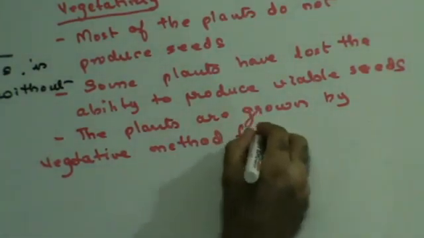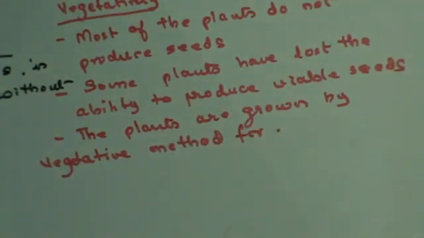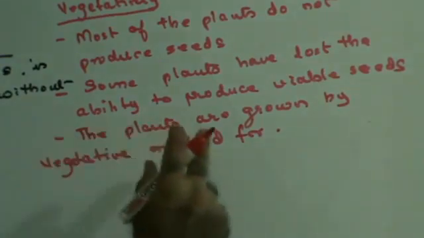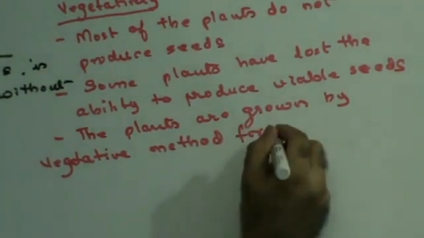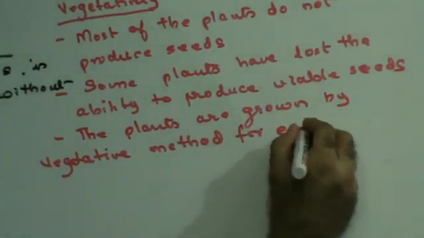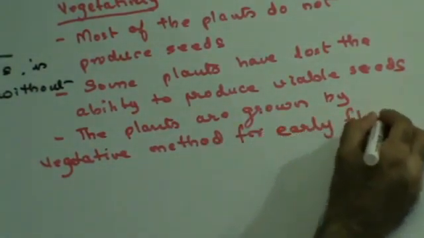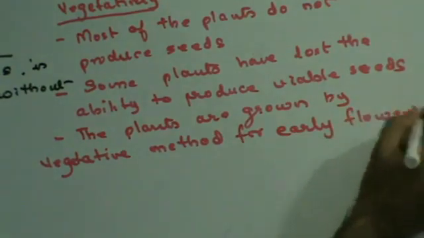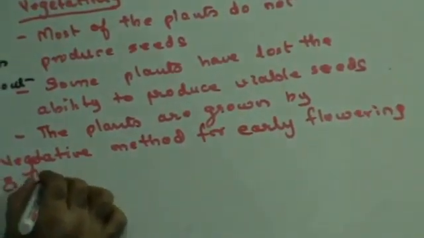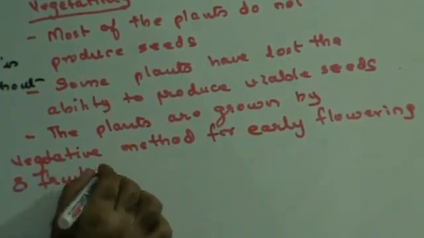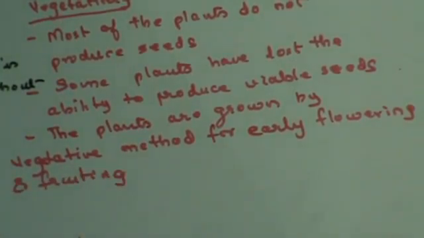If you grow the plant by the vegetative method, then there would be early flowering and fruiting. If I were to grow the plant by the conventional method of using seeds, then it would take a longer duration for flowering and fruiting.